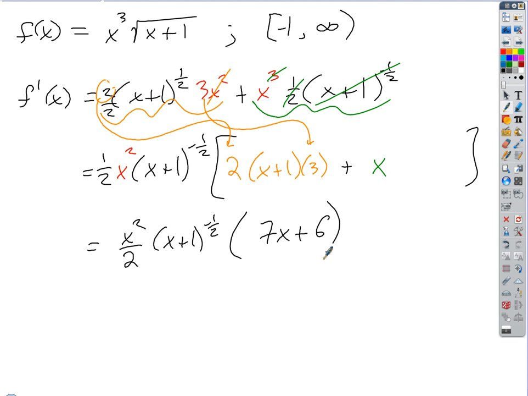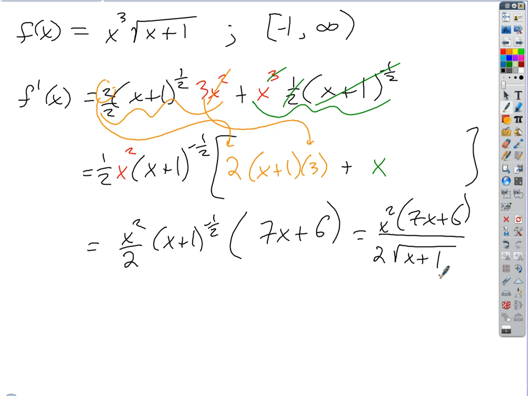And probably it wouldn't be a bad idea, being as I have a negative exponent, for the purposes of finding critical numbers, to write this as a fraction, right? So I could write this as, on the top, x squared times 7x plus 6, and on the bottom I get 2 times the square root of x plus 1, right?